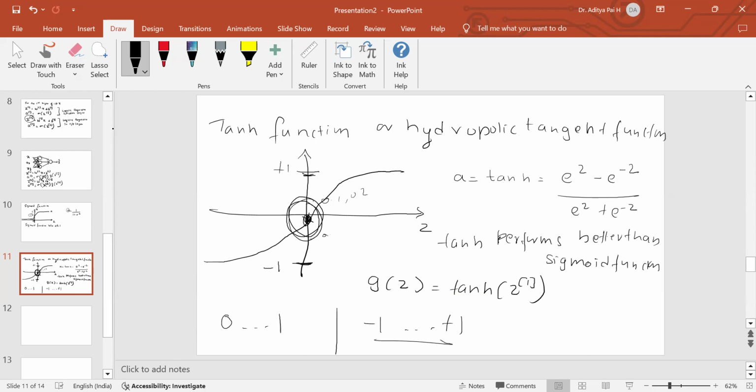So to avoid this, for the output layer the preferable choice is the sigmoid function, but for the hidden layers we'll be using tan h. So this is about the tan h function.